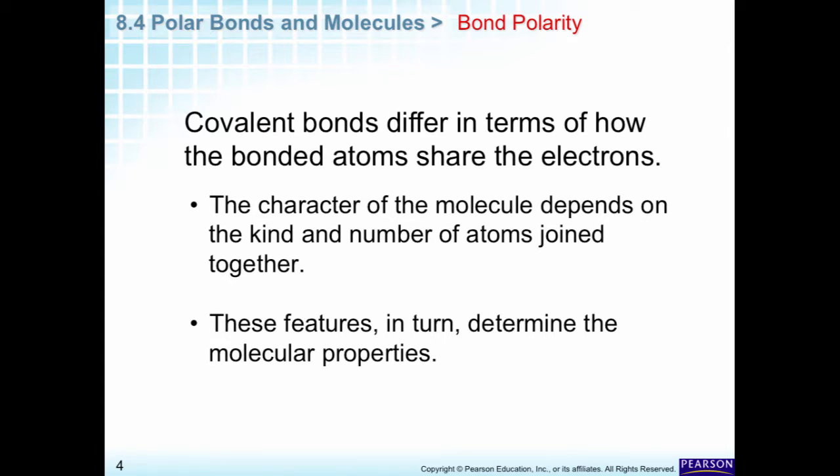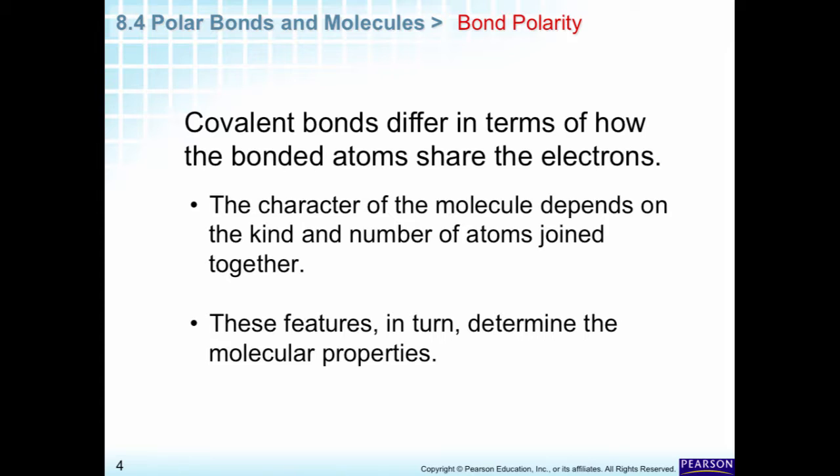We're going to talk mostly about covalent bonds when we talk about electronegativity, because some covalent bonds share equally, some do not share equally. And we know in ionic bonds, the electrons are totally transferred. So what determines the type of molecule we have is the kind and number of atoms joined together.